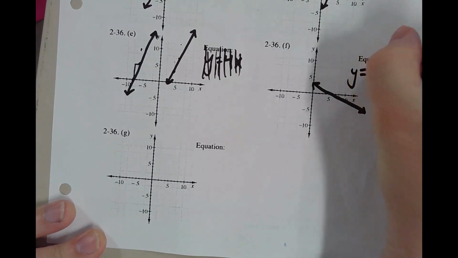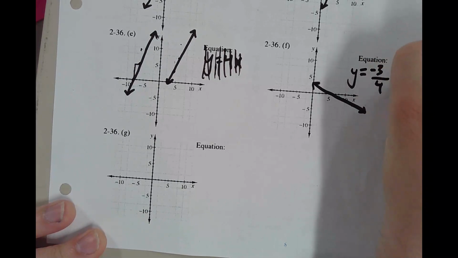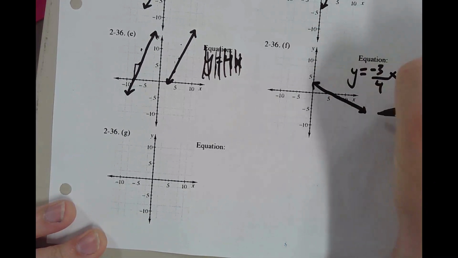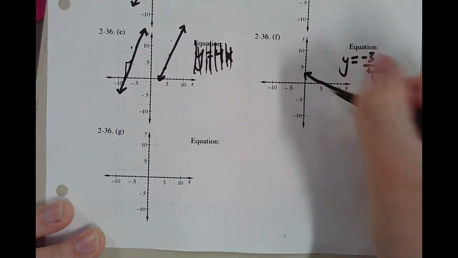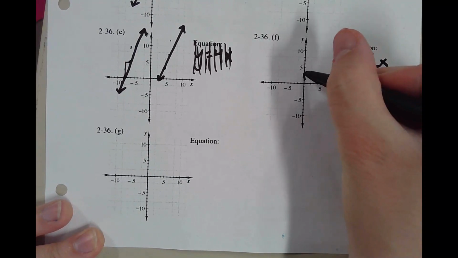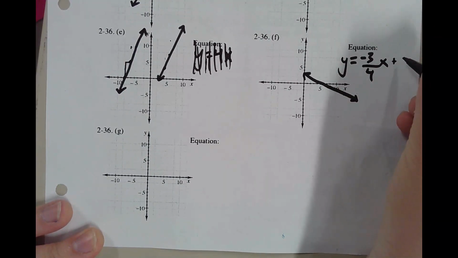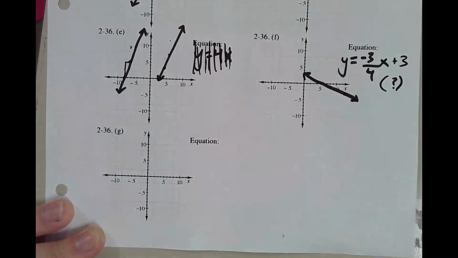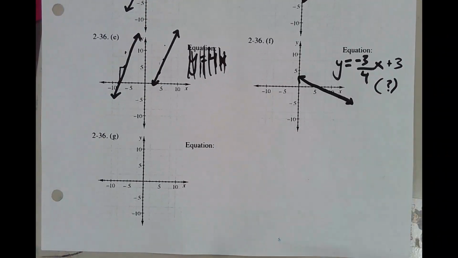So we know the equation would be -3 over 4 x plus, and I did not draw this perfectly. I'm using a marker, so it's hard to tell where the y-intercept is, but I'd probably say close to +3. I'll put a question mark because we're not entirely sure, and that's okay.